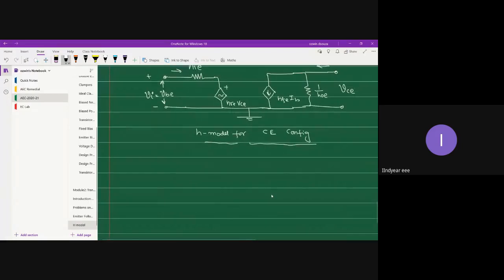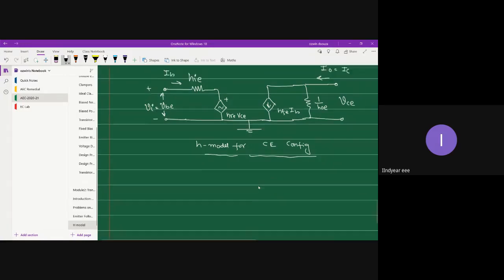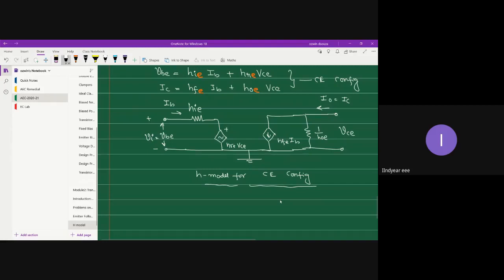Then you just substitute and build this model. So I will give a homework: H model for common base and common collector configuration. Is it doable?